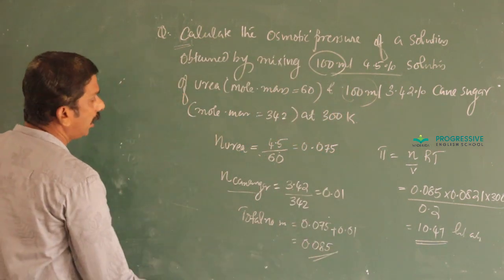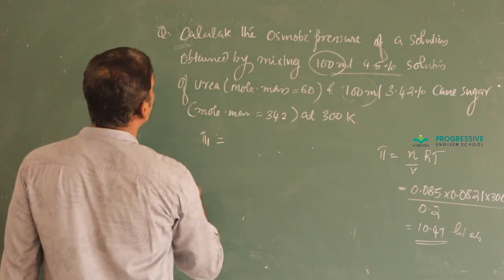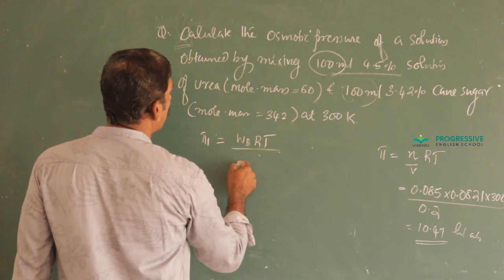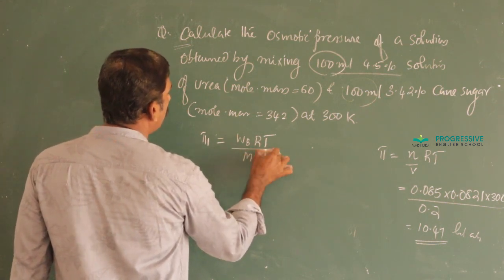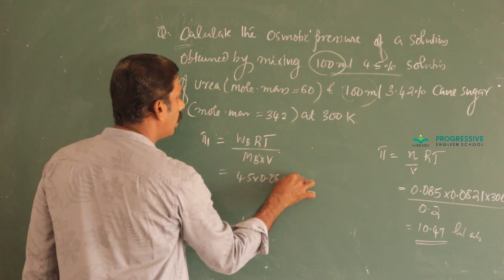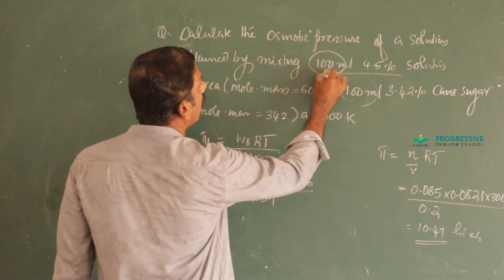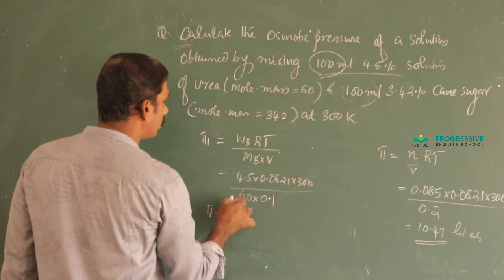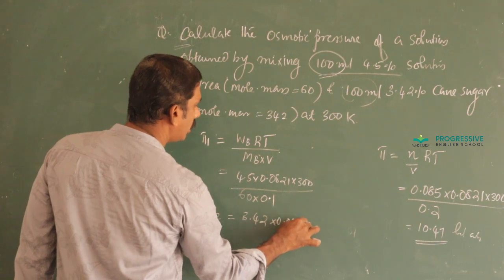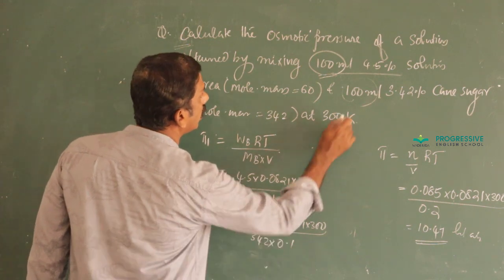Otherwise, you can find out separately. How? Say pi 1 equal to WB RT divided by MB into V. WB 4.5 into 0.0821 into 300 divided by MB 60 into 0.1 because 100 ml, and pi 2 equal to same 3.42 into 0.0821 into 300 divided by 342 into 0.1, here also 100 ml.